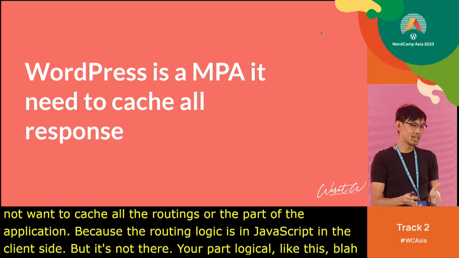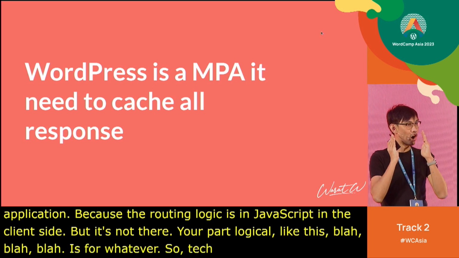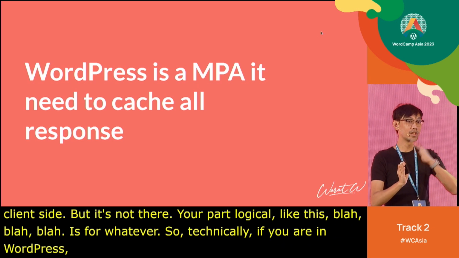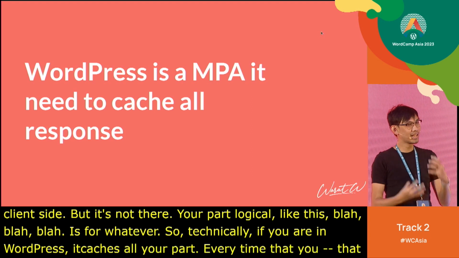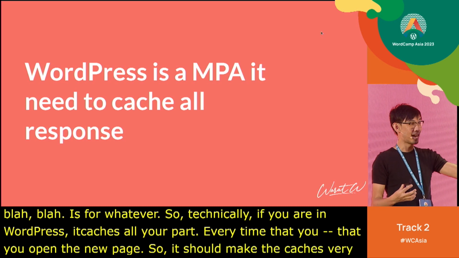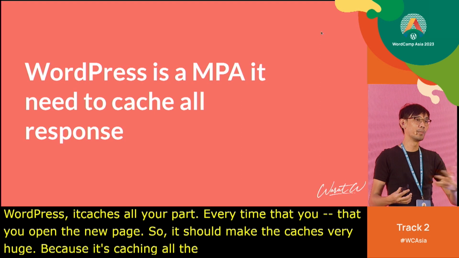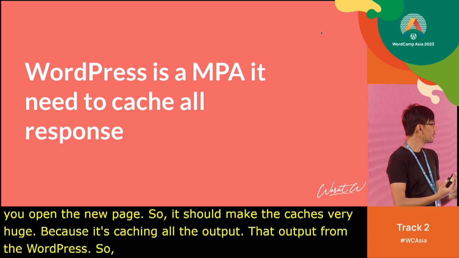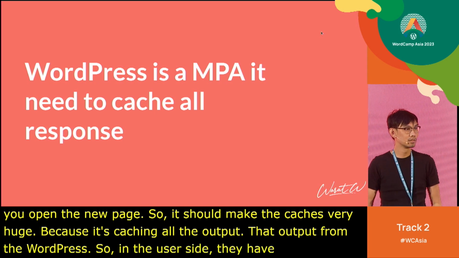So technically, if you are WordPress, it caches every page every time you open a new page. So it makes the cache very huge, because it's caching all the output from WordPress. So on the user side, they end up with a huge size of caching.